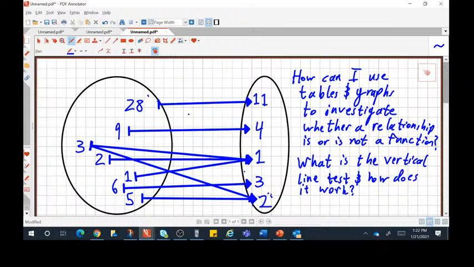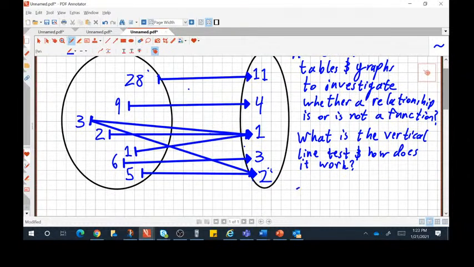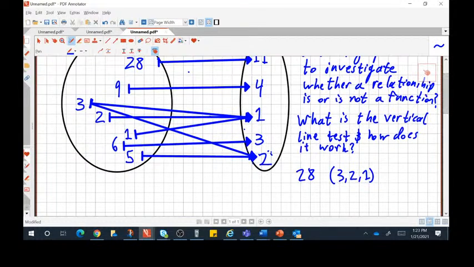For what it's worth, if there's only one answer, like if the output is 11, what was the input, and you want to say 28, you just type 28. If I say, what is the input if the output is 1, and you want to say 3, 2, and 1, you put in parentheses, commas between, no spaces, 3, 2, 1, and I've set it up to take any order.